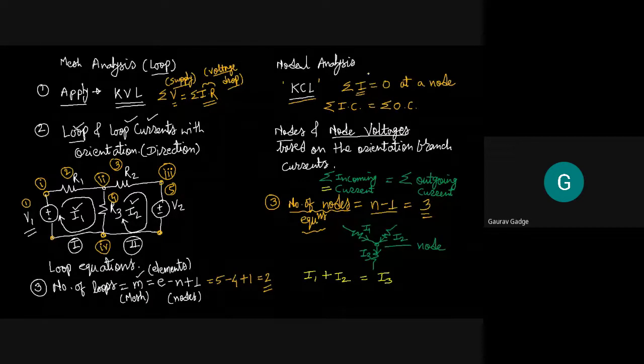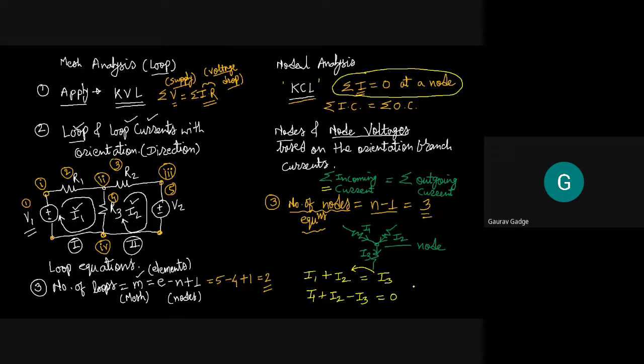Now there is one more way of writing that: summation of I equal to 0 at a node. I can transfer this I3 to the left hand side so that I can write it as I1 plus I2 minus I3 is equal to 0.